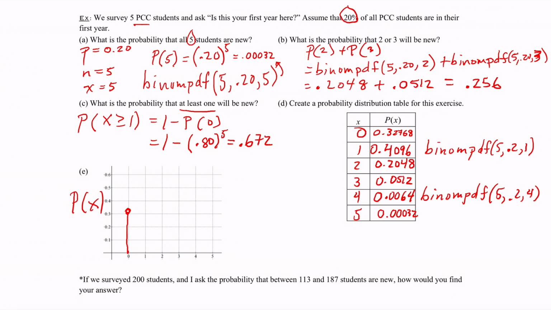When it's 1, we have 0.4096, so maybe just a little bit more than 0.4. When it's 2, we have a probability of 0.2048, so maybe just a little bit more than 0.2 there.